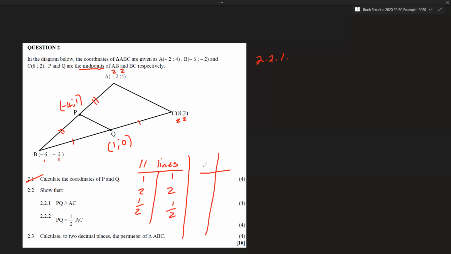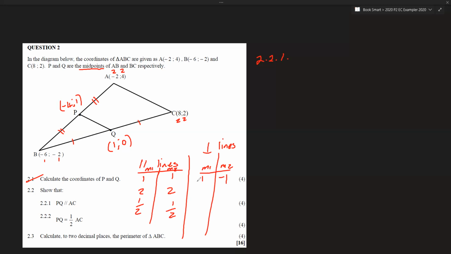So if two lines are perpendicular, sorry, this is M1, that is M2, the gradient 1, gradient 2. Let's say the gradient of this one is 1. The gradient of this one must be -1.